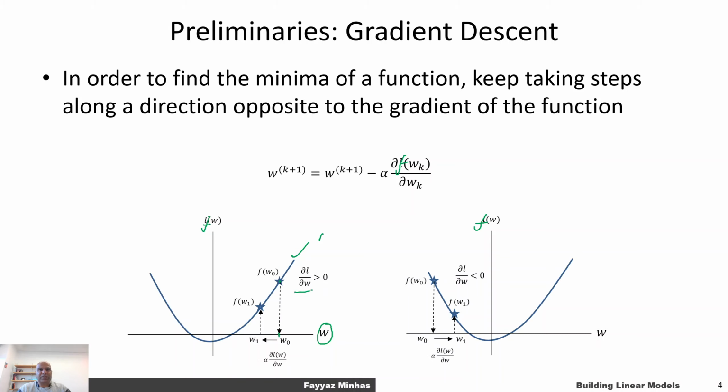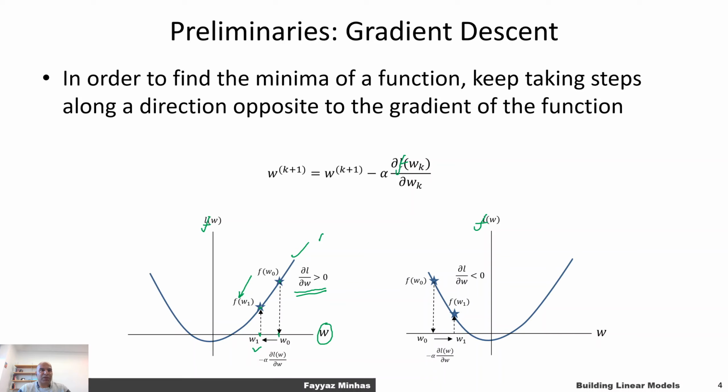The slope in this case is positive, so we take a step along the w axis in the direction opposite to the slope, which is going to decrease the value of w. We move to another value called w1, and at that point we can see that the value of the function has decreased from f(w0) to f(w1).